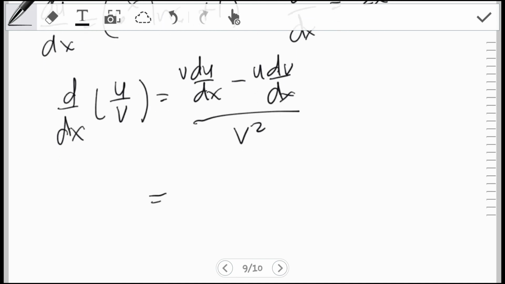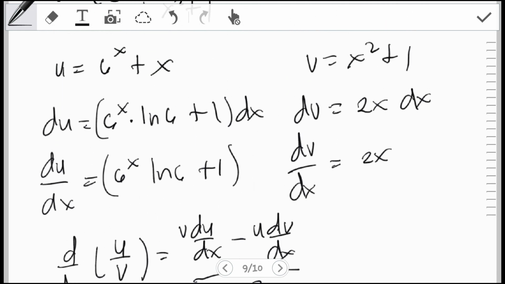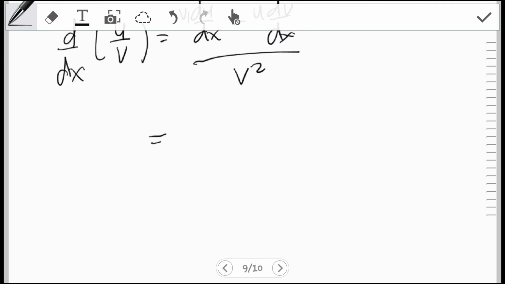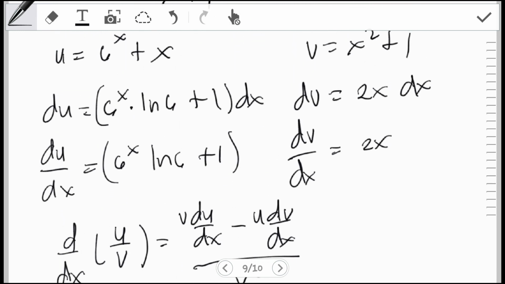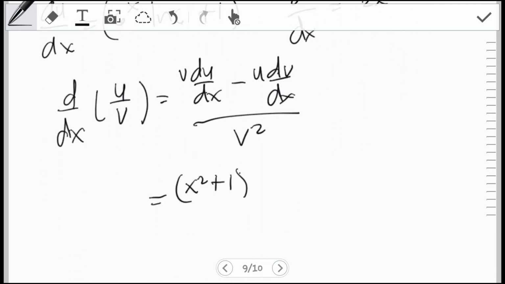Then substitute, where v here is x squared plus 1. Then du over dx is equals to 6 to the power x ln 6 plus 1.